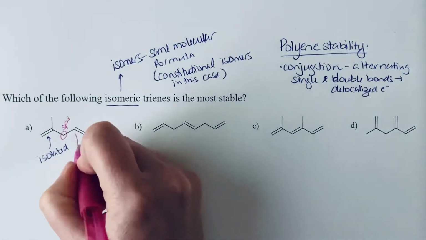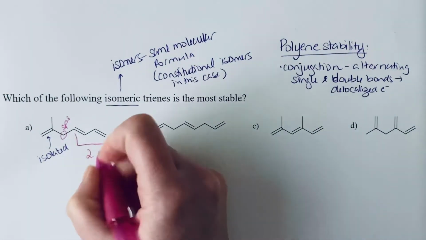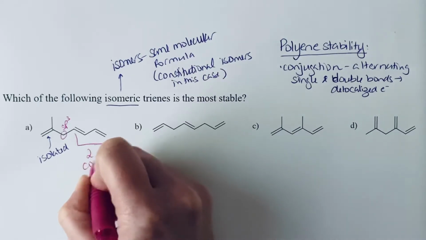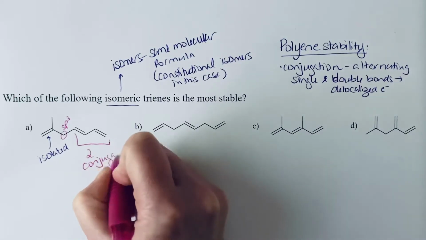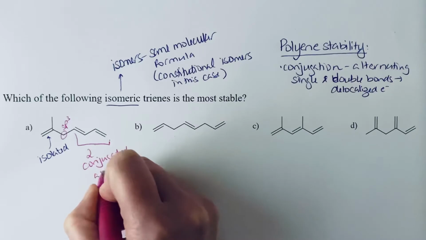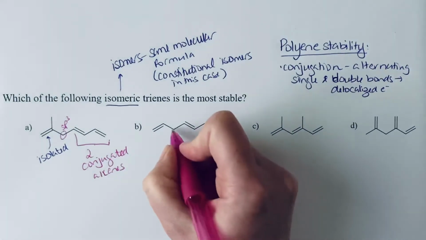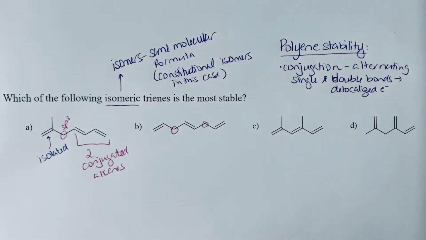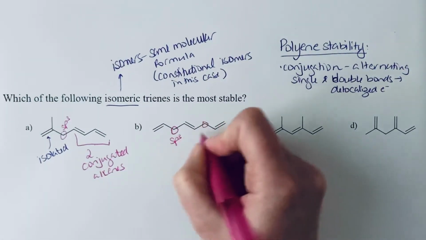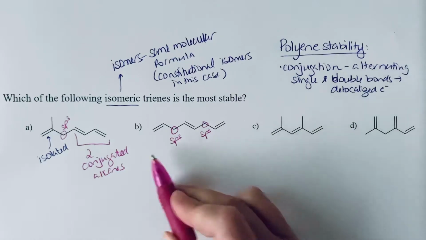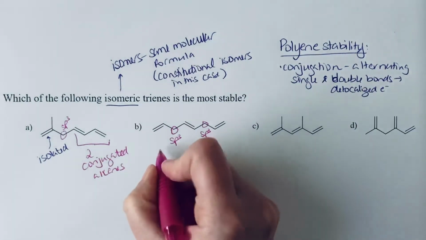And then these other two alkenes are in conjugation, so you've got two conjugated alkenes here. If we look at B, we have sp3 hybridized carbons that are interrupting all of these alkenes, so we actually have absolutely no conjugation. These are all isolated.